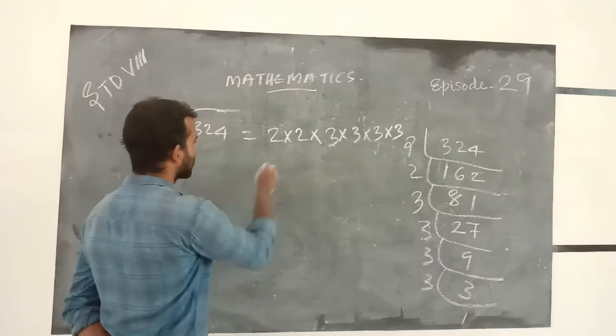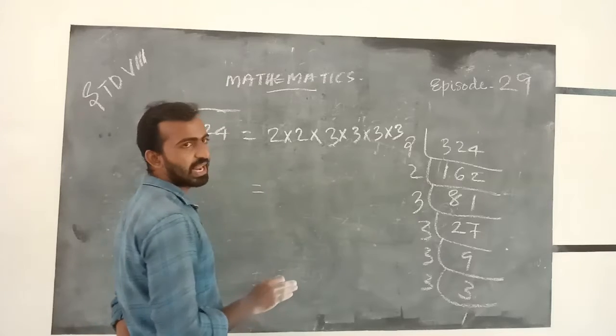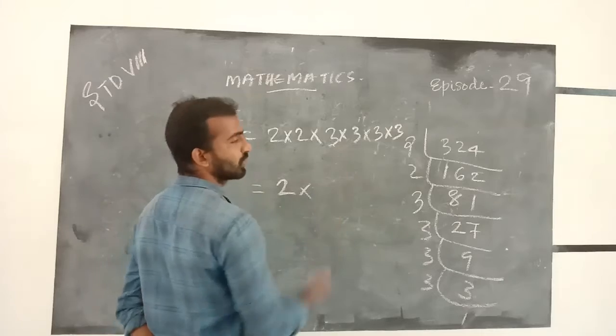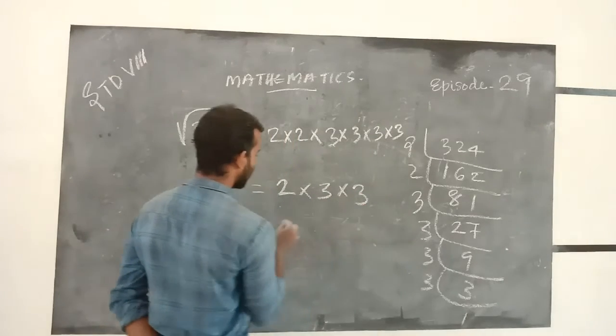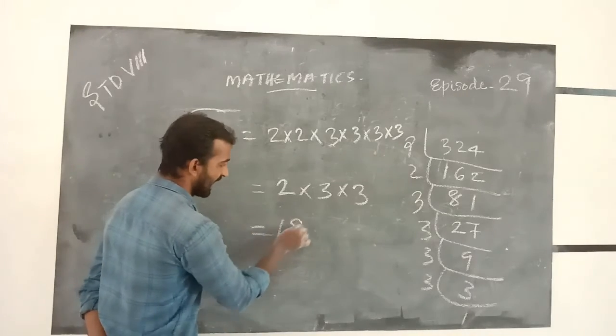We take 2 times 2 and write it just one time. Here is 2, 3, 3. That is 2 into 3, 6. 6 into 3, we get 18.